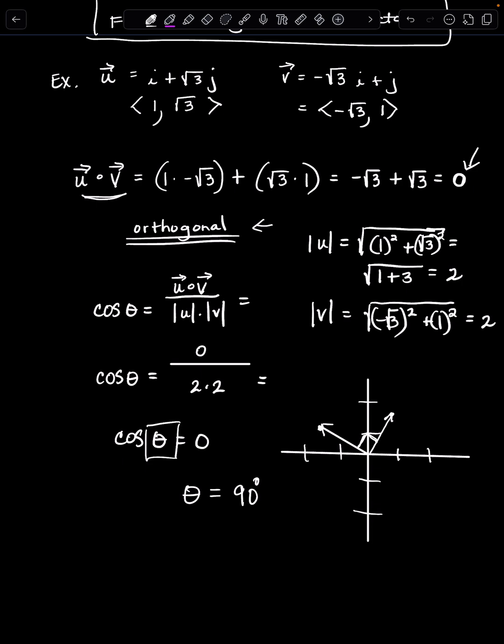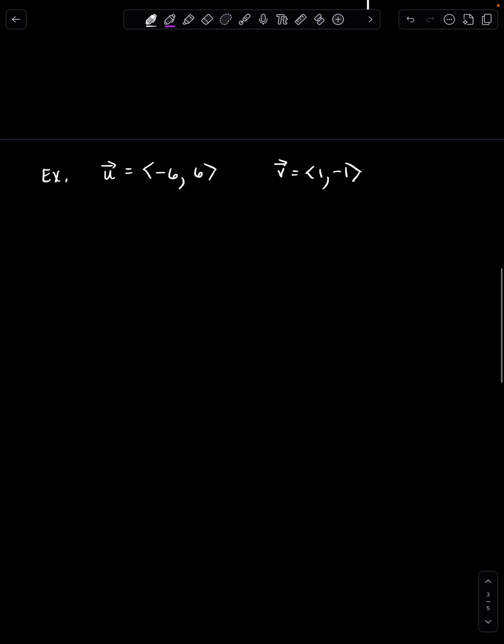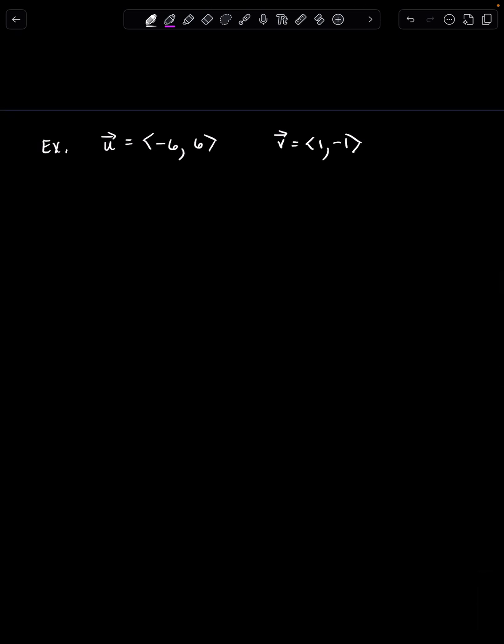All right, let's do another one. So here we've got my first vector. Let's draw it first. Now you don't have to draw these, but I'm just going to draw it anyway. So we've got negative 6, 6. So over 6, up 6.